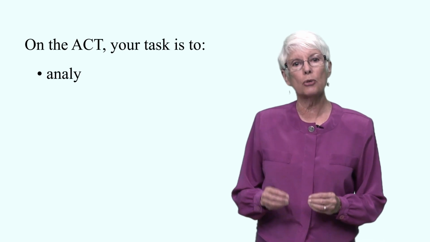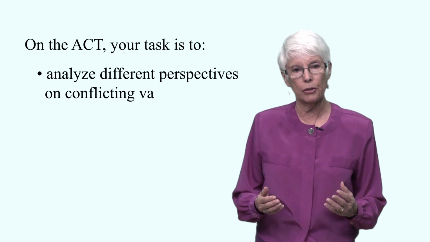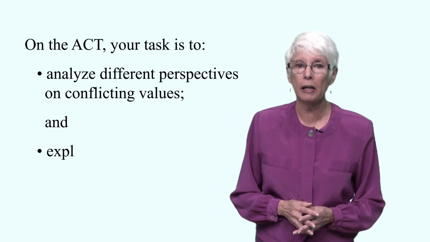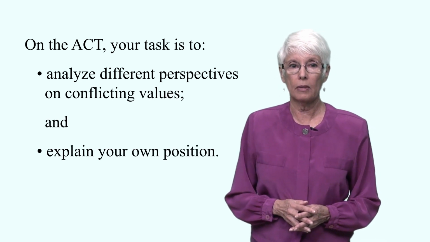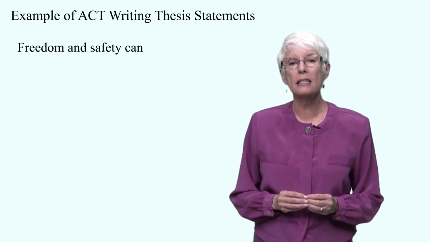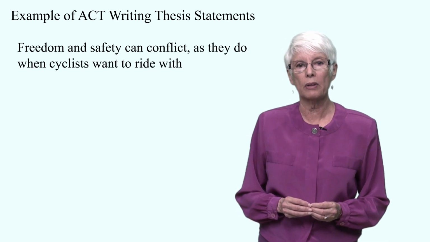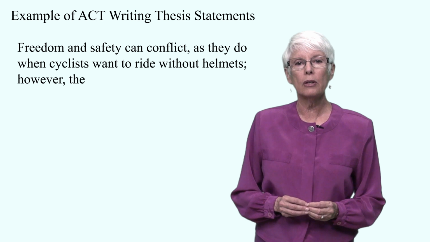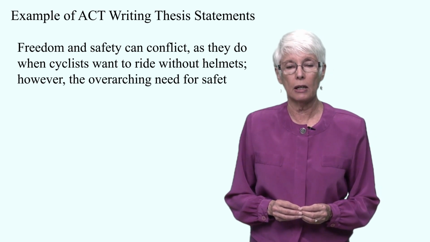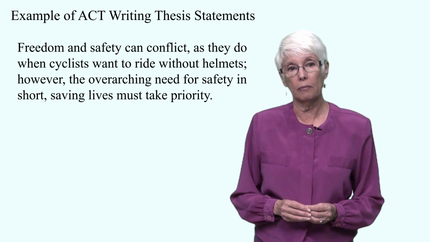On the ACT, your task is different. It's to analyze different perspectives on 2 conflicting values and to explain your own position. So here's an example of an ACT thesis statement. Freedom and safety can conflict as they do when cyclists want to ride without helmets. However, the overarching need for safety, in short, saving lives, must take priority.